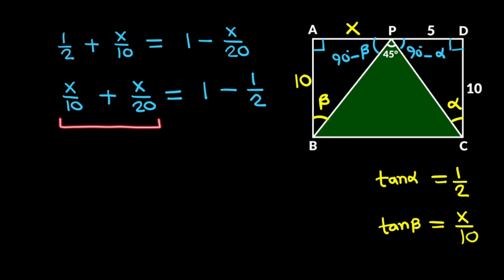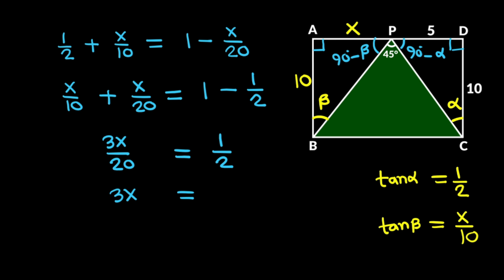On the left, that becomes 3X/20. On the right, it becomes 1/2. So we have 3X/20 equals 1/2. Multiply both sides by 20, we get 3X equals 10. So X is 10/3. Now we're almost done.